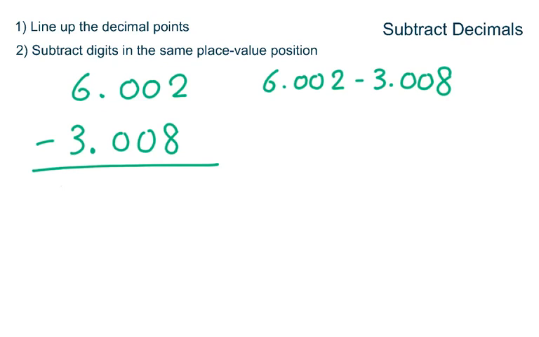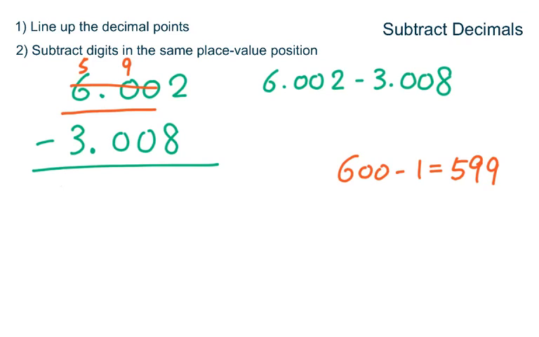So what we're going to do is we are going to think of this as we're borrowing 1 from 600. So we know that 600 minus 1 equals 599. Right? So we can just cross out this and write 5 on top of 6, and then 9 on top of 0, and another 9 on top of 0.